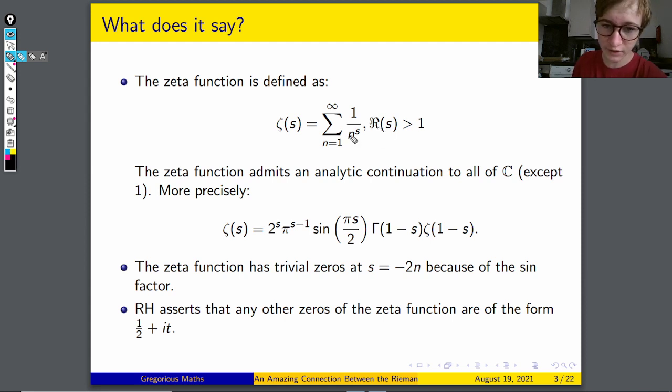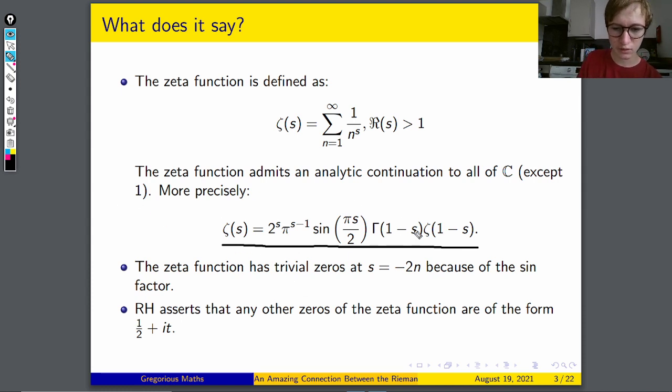Now, the interesting thing about the zeta function is that you can analytically continue it, so you can make it make sense for all complex numbers, except for 1. This is the precise analytic continuation, so you can use this to define the zeta function on all of the complex numbers, not just when the real part of s is bigger than 1. And what you'll see is that there are trivial zeros.